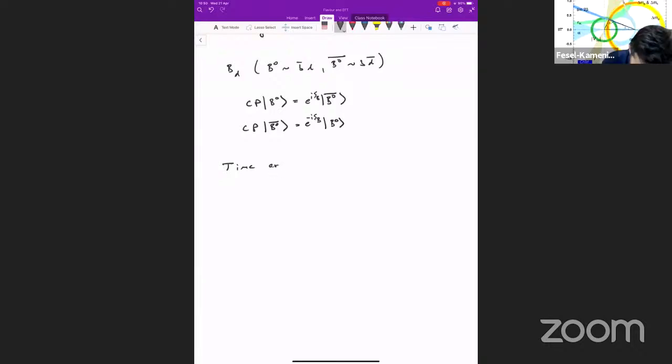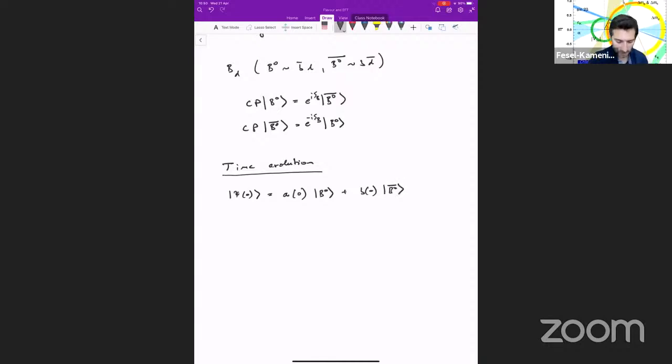So let's consider the time evolution of a state. Let's prepare a state at time 0, which we denote as psi of 0, which will be in general a linear combination of a B naught state and a B naught bar state.